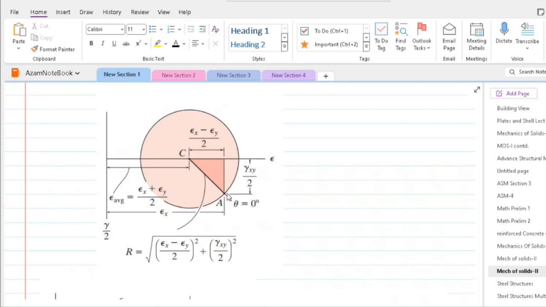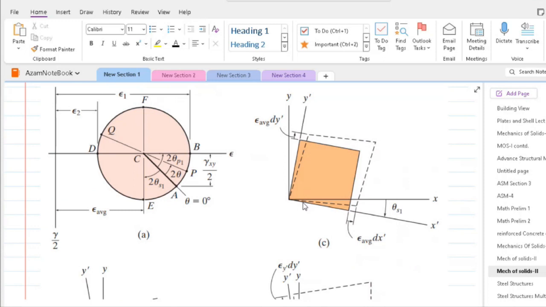Once we locate point A on the Mohr circle, we can easily join it with point C and hence get the radius of the Mohr circle. Once we find our radius, we can sketch the circle.